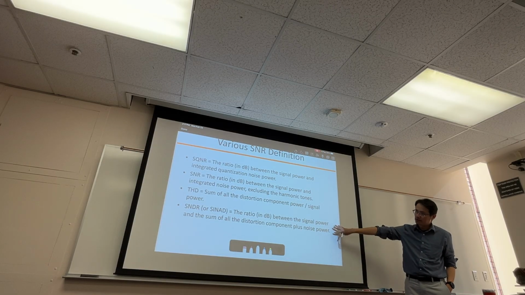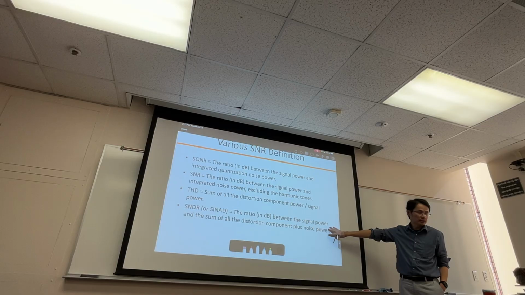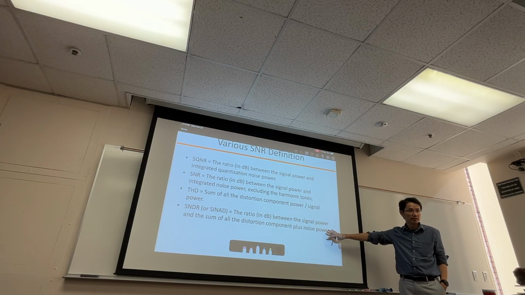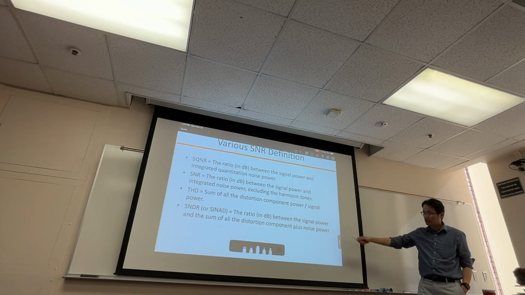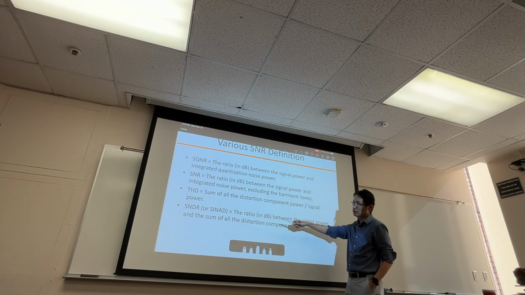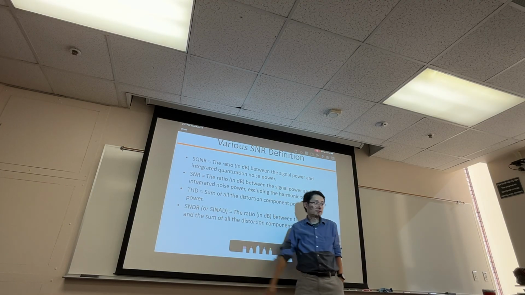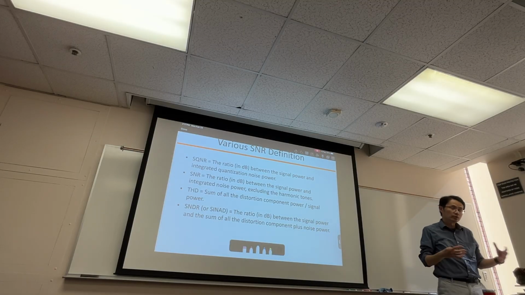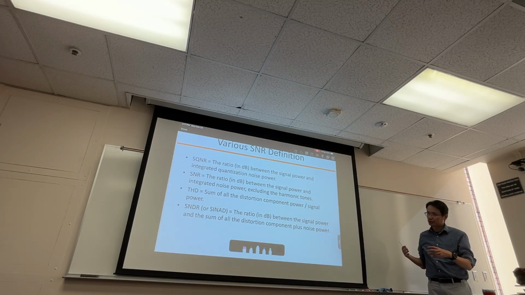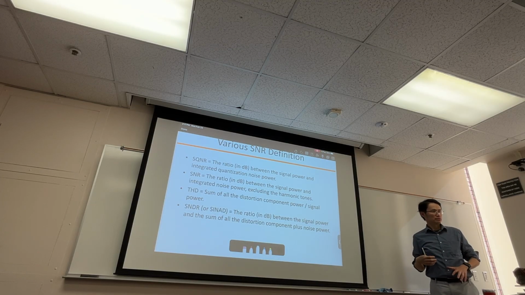The last one, which is probably the most important measure of your ADC, is called SNDR or SINAD. Basically, it's the signal to noise and distortion ratio. At this point, you need to compute the signal power divided by everything else.